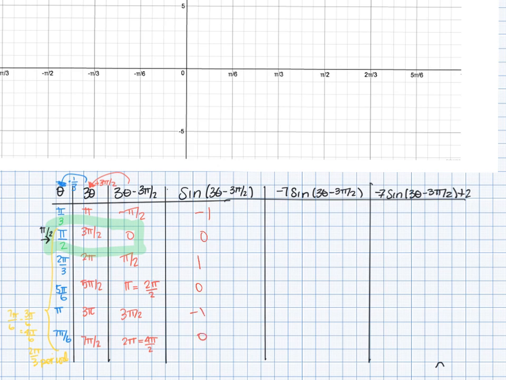Then we multiply by negative 7, so we get positive 7, 0, negative 7, 0, positive 7, 0. Now we add 2 here, so we get 9, 2, negative 5, 2, 9, and 2.